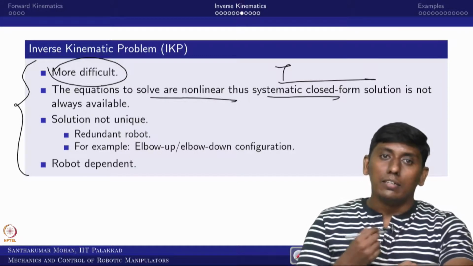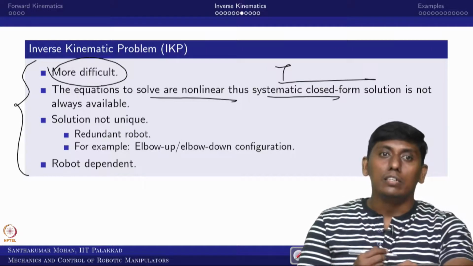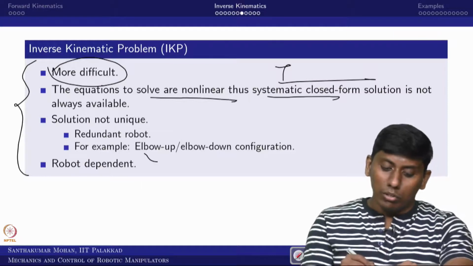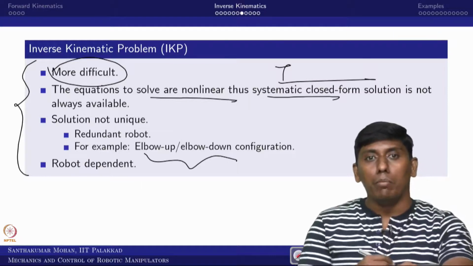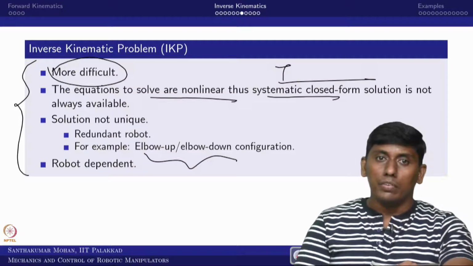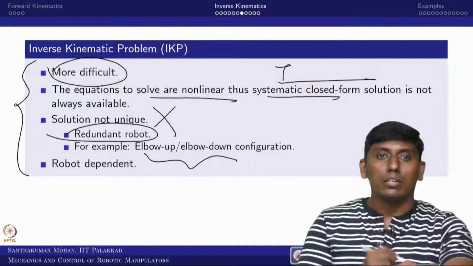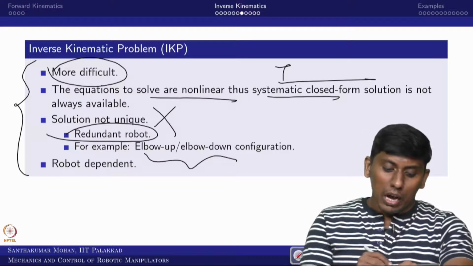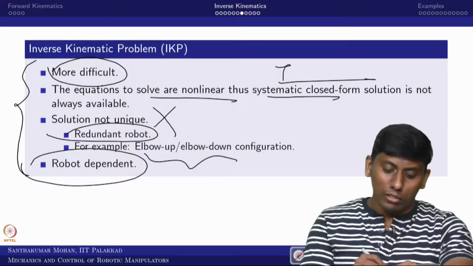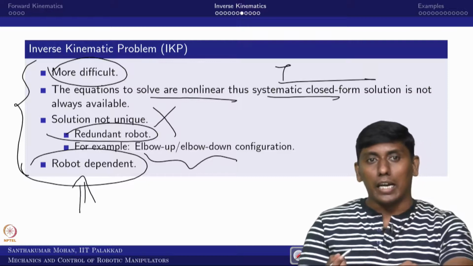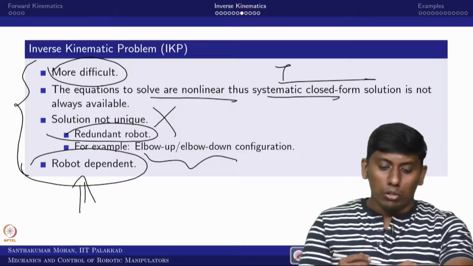And the solutions are not unique, because the link lengths are different and each robot is different, and the solution would also end up with elbow up and elbow down, right. Further, if it is a redundant robot, the solutions are not easily obtainable, and the inverse kinematic solution is robot dependent, you cannot generalize. Okay, that is the whole idea.